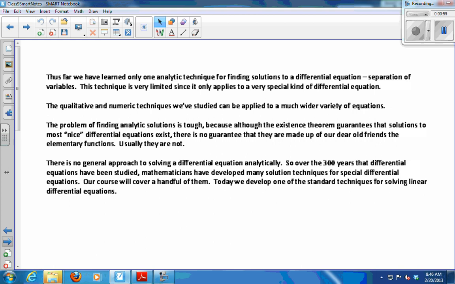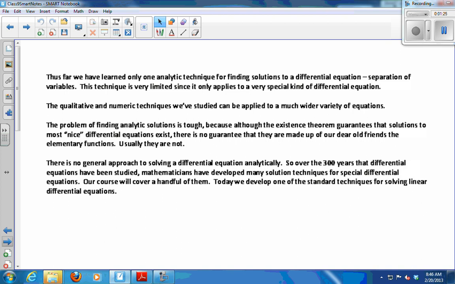There's no guarantee that they're made up of our old friends, the elementary functions, like ln and e to the exponentials and trig. So, in fact, usually they're not. Usually the solutions are like these crazy integrals or something. So, there is no general approach to solving a differential equation analytically.